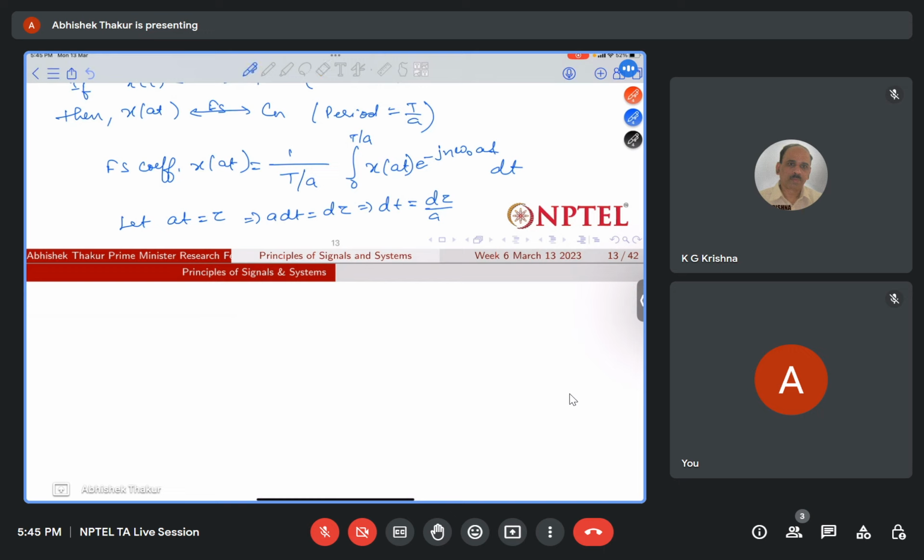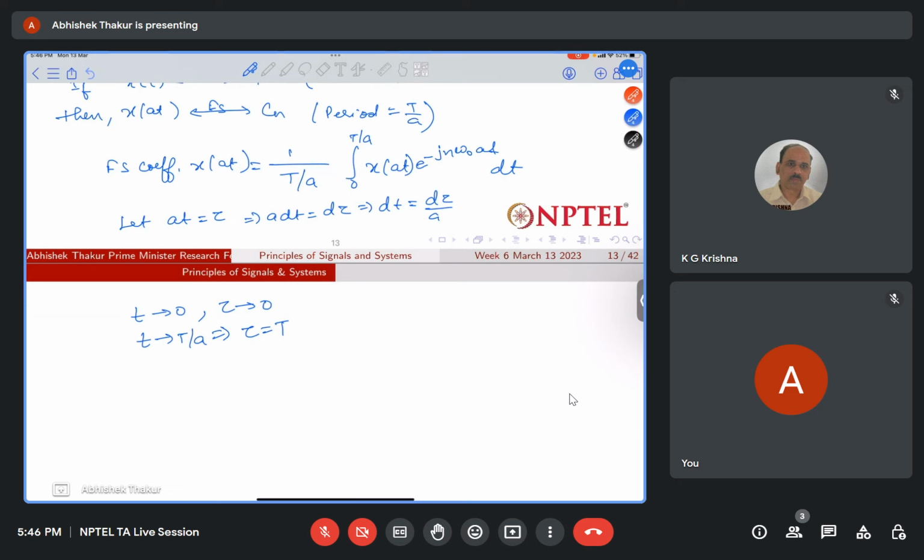Also the limits: when t tends to 0, tau also tends to 0. Like if t is equal to 0, then tau is a into 0, that is 0. If t is capital T by a, it implies tau is equal to t into a, so it will be T by a into a, that is equal to T.